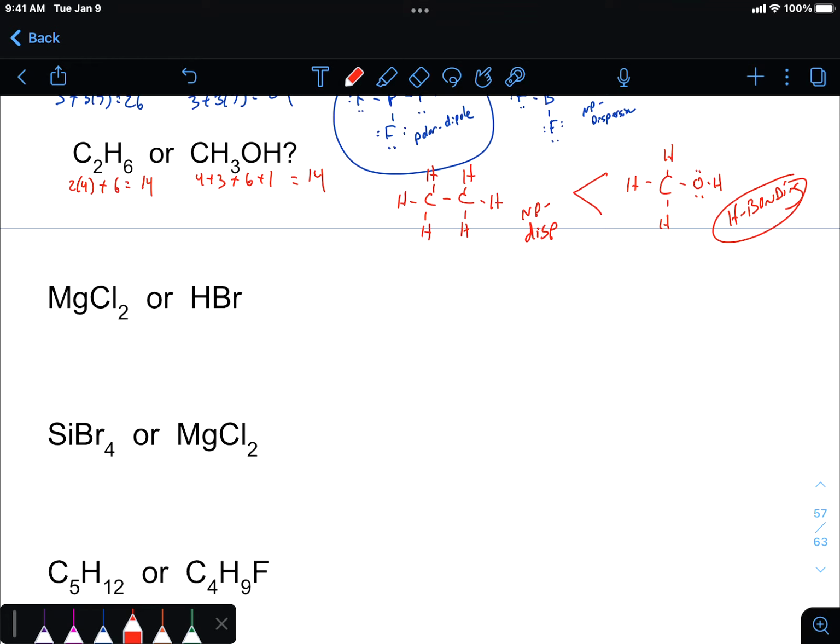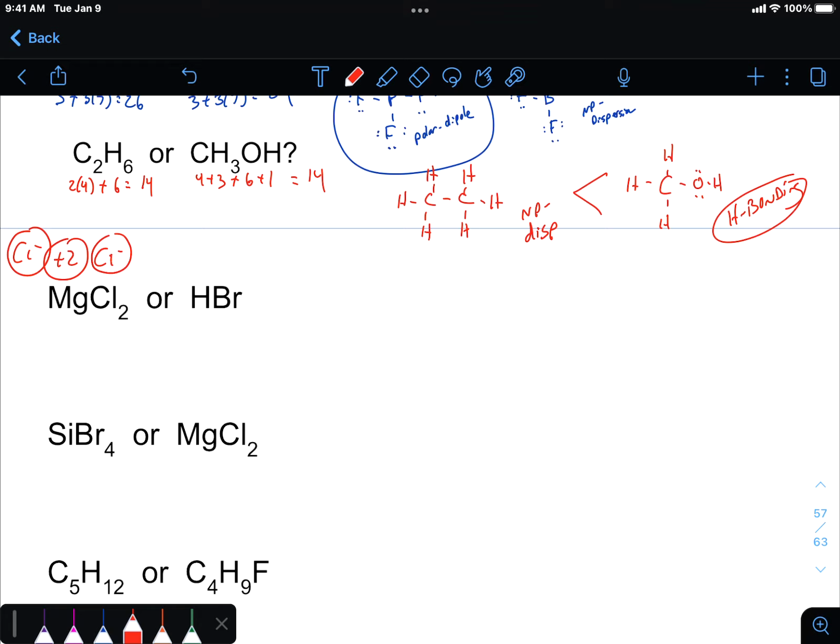MgCl2 or HBr. So here we have a metal and a nonmetal. This is ionic. A metal and a nonmetal. Remember, in ionic substances, you have positive ions next to negative ions.